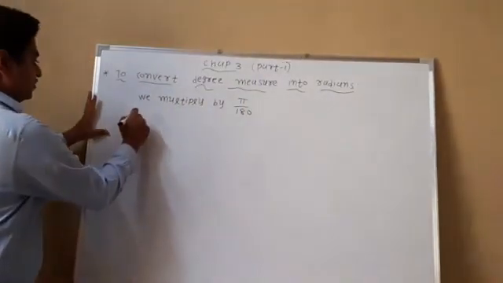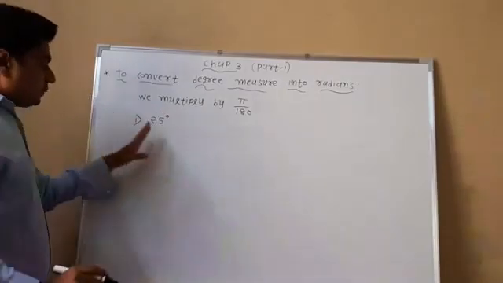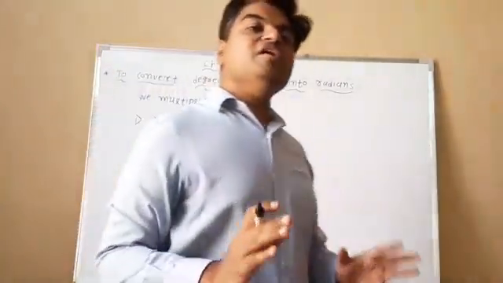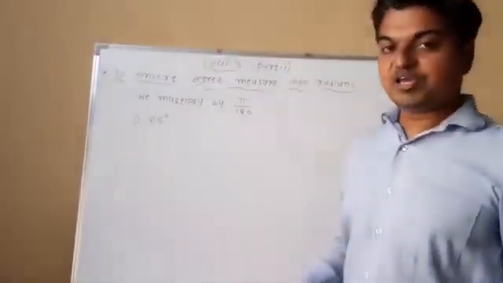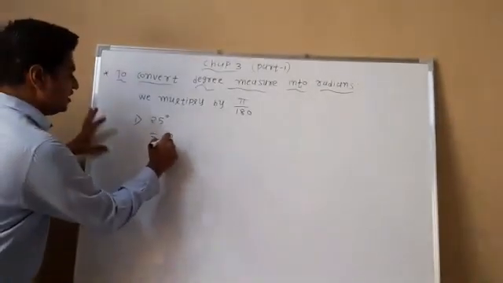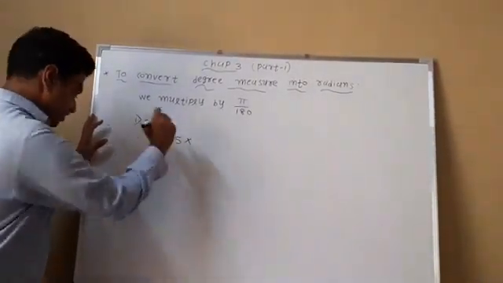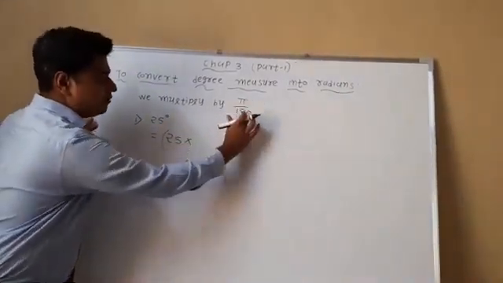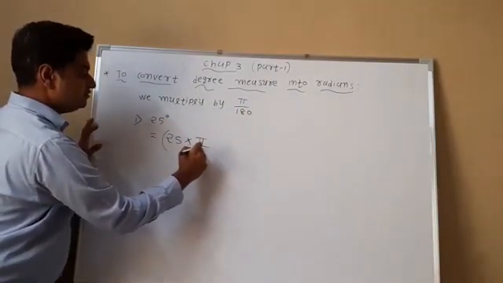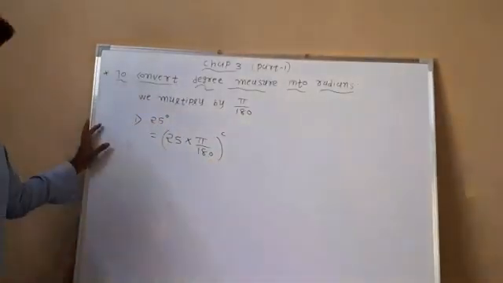First example, suppose 25 degree is given and our question is to convert this degree form into radian form. So how can it be converted? We write 25 multiply pi upon 180 and here write radian form.